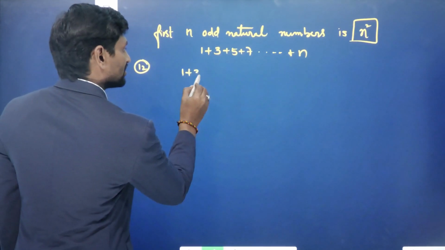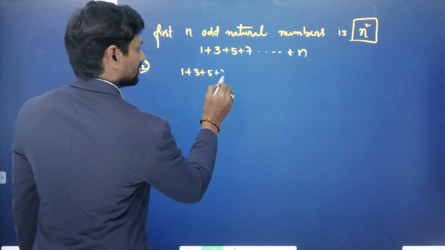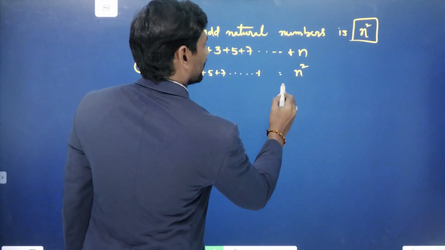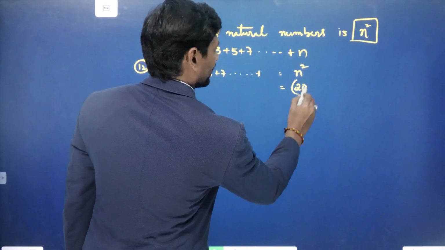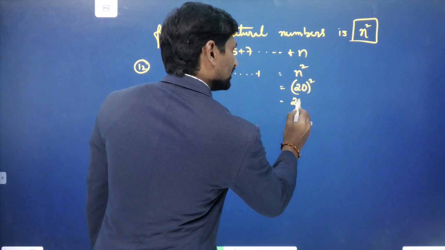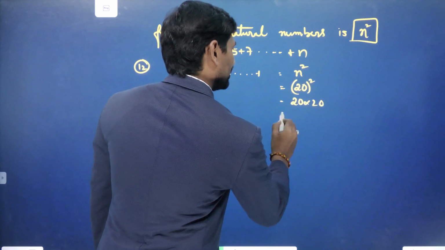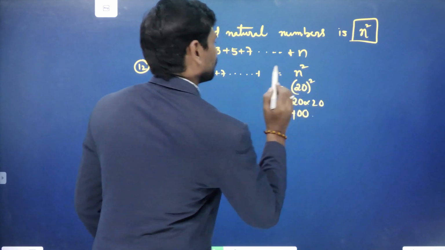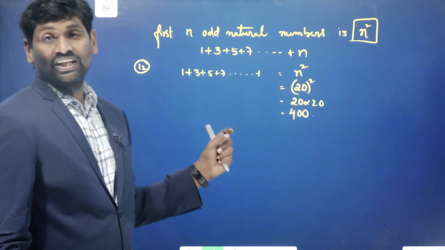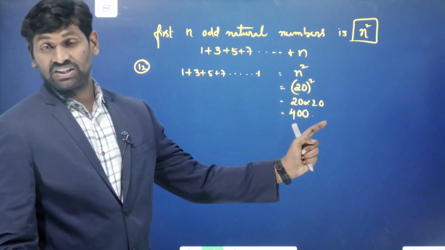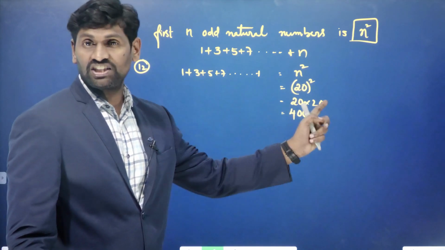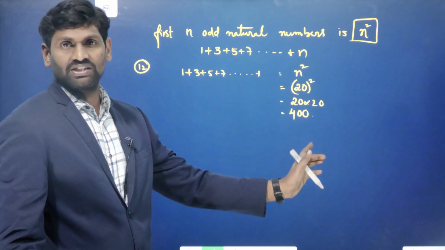The formula is n square, so in the place of n, I can write 20. So 20 square is nothing but 20 into 20, that is 400. So the answer will be 400.